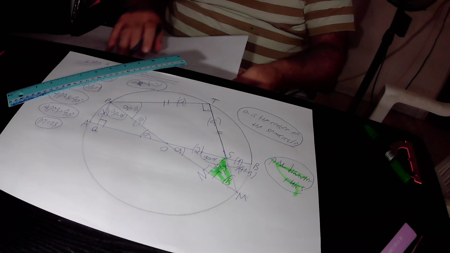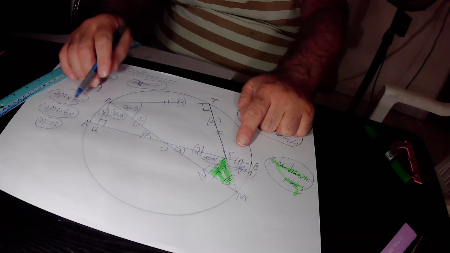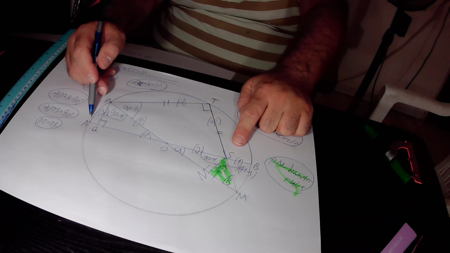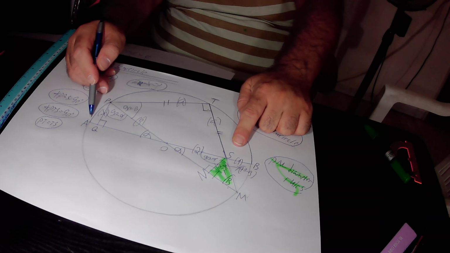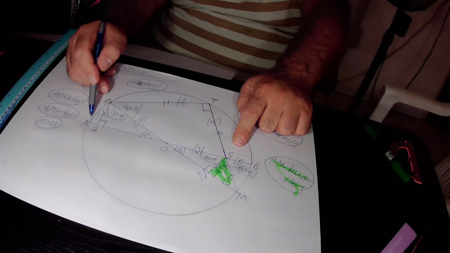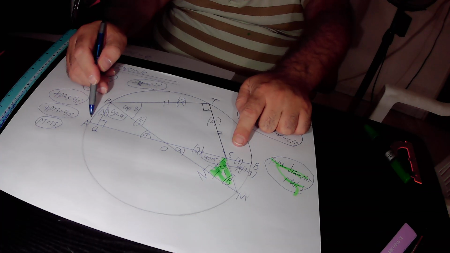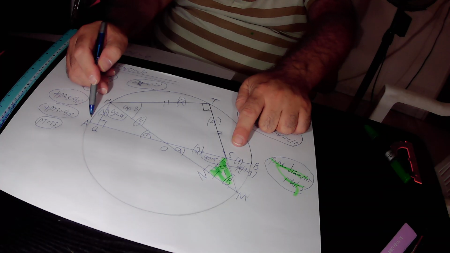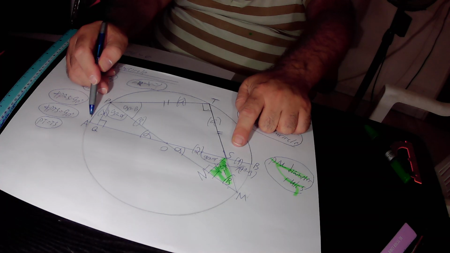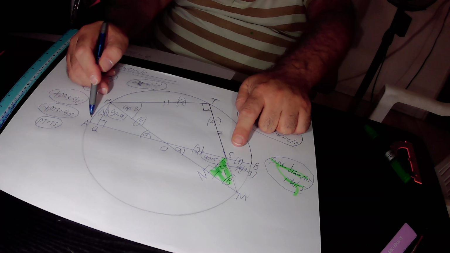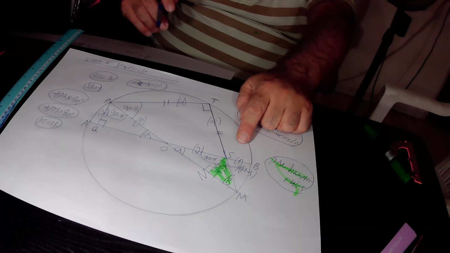What is the length of AS? AS in total equals AO plus OS. AO is the radius of this circle that equals 3, and OS equals 2. So in total AS equals 3 plus 2, that is 5.